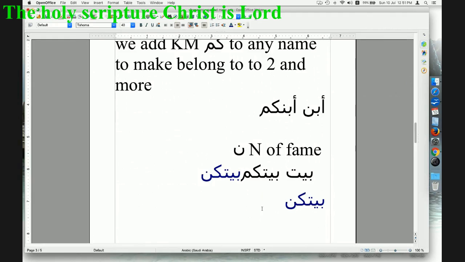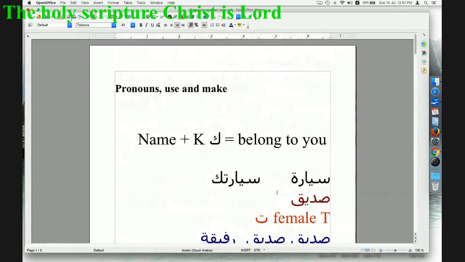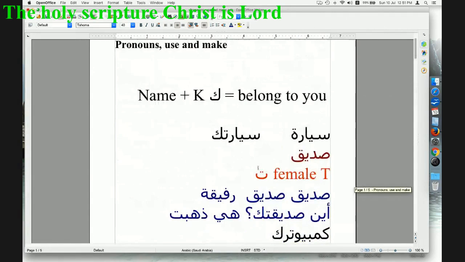So let us go over what we took for today. To make anything belong to an individual, and we are speaking to him directly, belonging to you. I'm speaking to you, not about you. So remember, if I'm speaking about you, not in your presence, I'm not going to use the ka here.